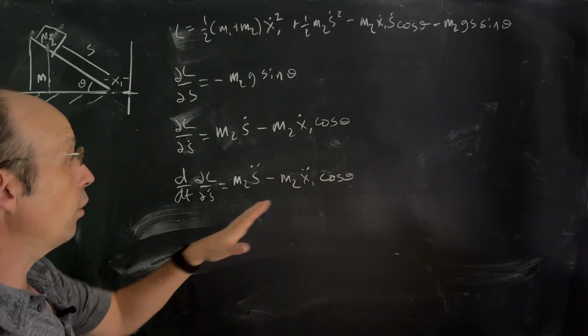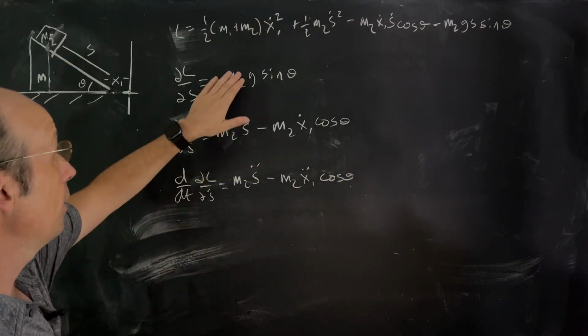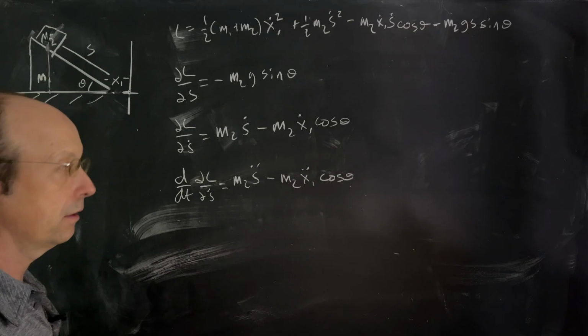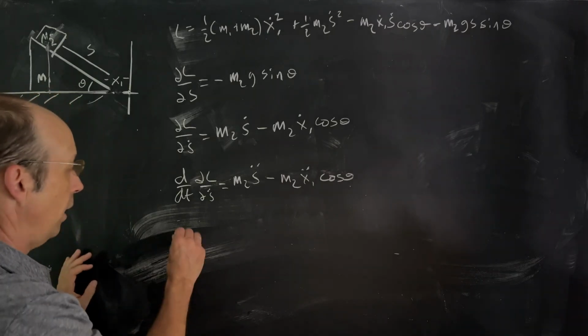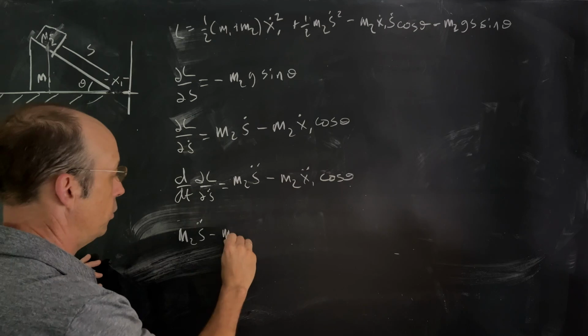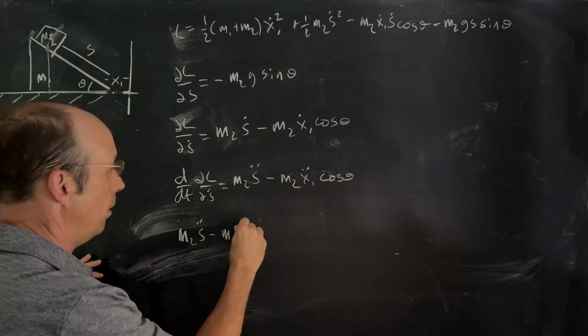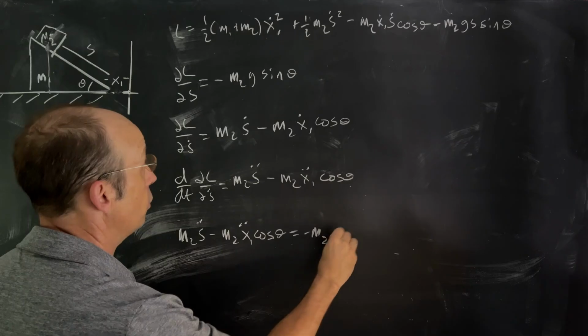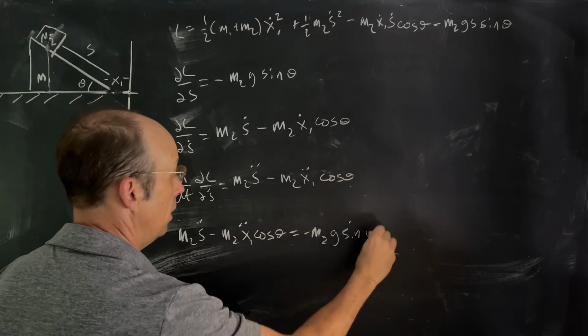So putting those two together, this minus this is equal to 0, or this is equal to this. So let's just write that out. I have m2 s double dot minus m2 x1 double dot cosine theta equals negative m2 g sine theta.